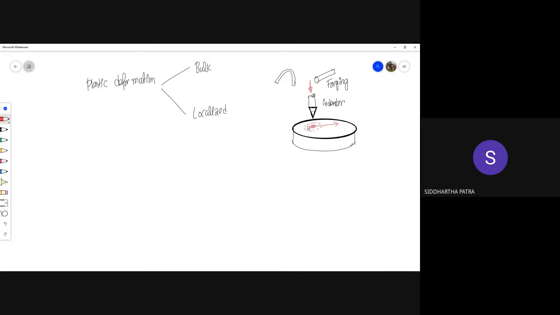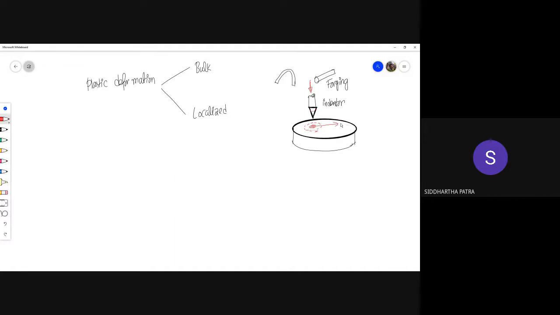Now, if we're slightly far away from that region, let's say beyond this imaginary circle right here, but still very close to the indentation, you might experience stresses of the order of 20 or 30 MPa, well within the elastic limit. But if you are far away from the region of indentation, the stresses are, let's say, less than 1 or 2 MPa.